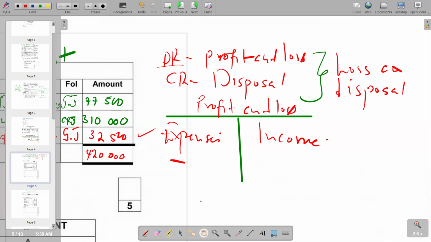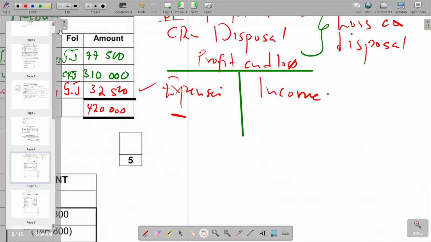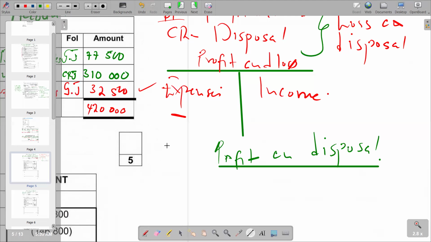So it also means the same, the opposite, when we are now having profit on disposal. Double entry involved on profit on disposal.